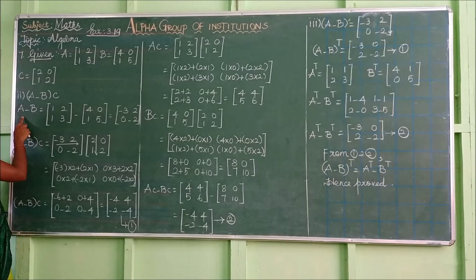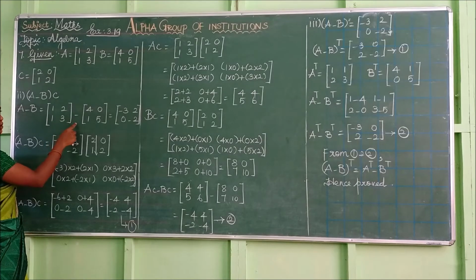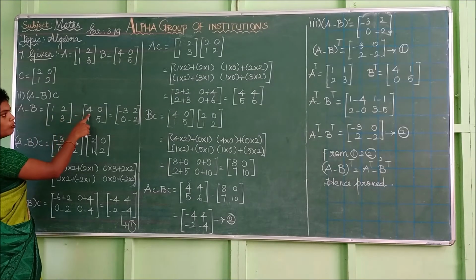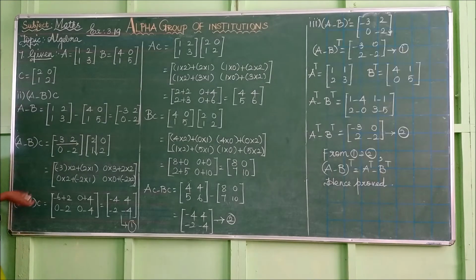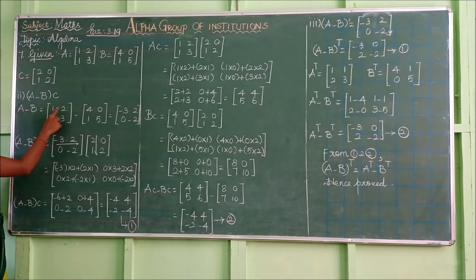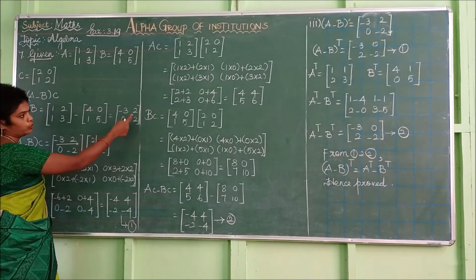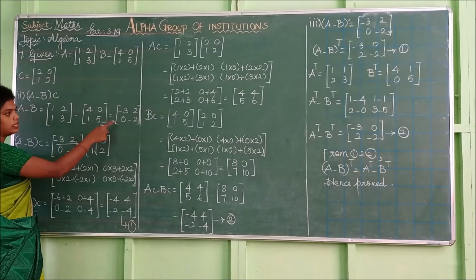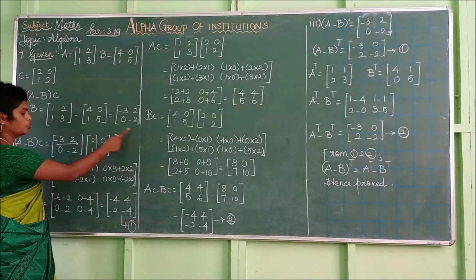So what is our matrix A? Matrix 1 2 1 3 minus B matrix 4 0 1 5. So you have to subtract the corresponding numbers. 1 minus 4 is minus 3, 2 minus 0 is 2, 1 minus 1 is 0, 3 minus 5 is minus 2.